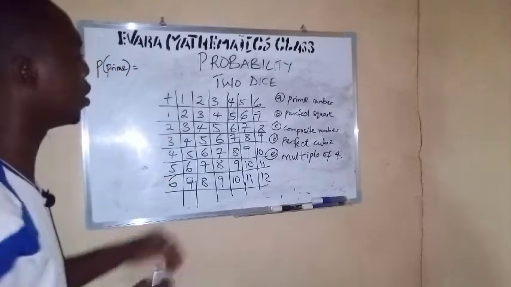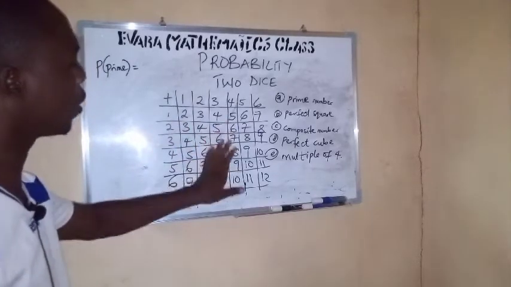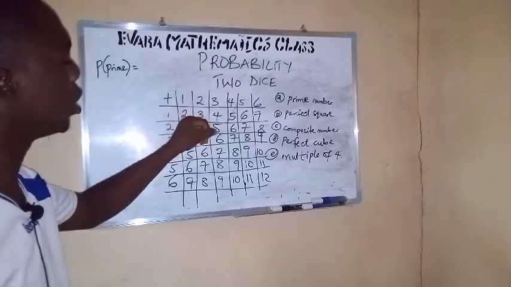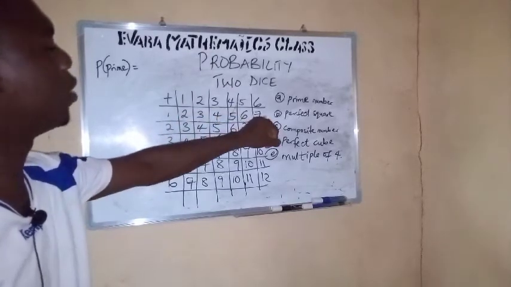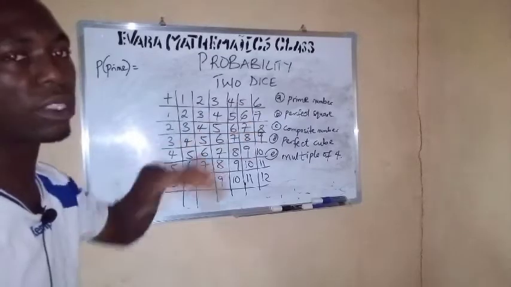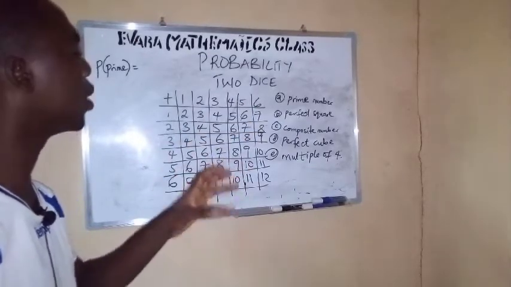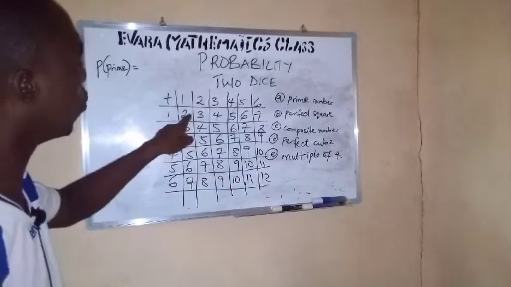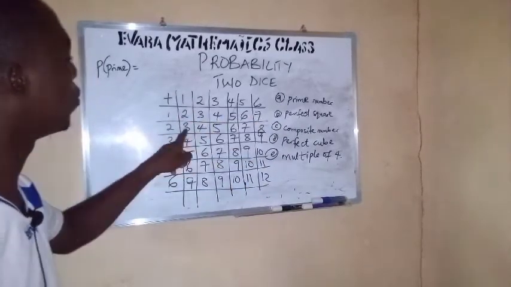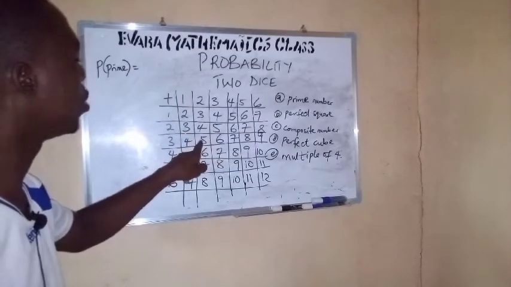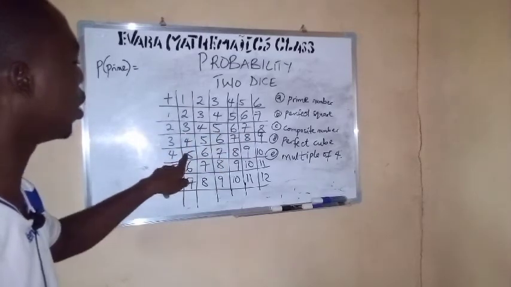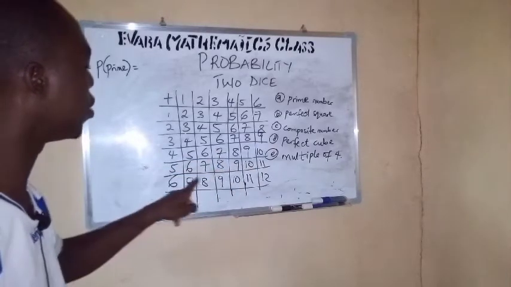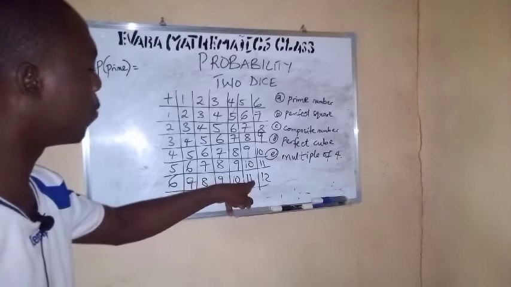The prime numbers in these outcomes are 2, 3, 5, 7, and 11. So we just look out for where we can get these numbers, and count them: 1, 2, 3, up to 15.